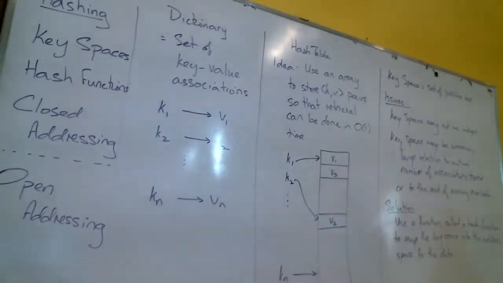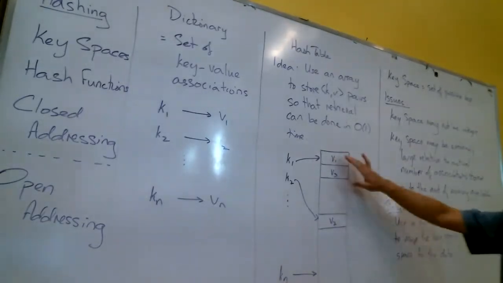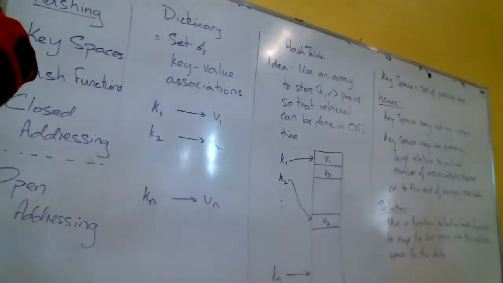I had in mind the values, but you're going to see that we're going to have a problem. We're not going to get away with just storing the value alone. I'll come to that shortly.